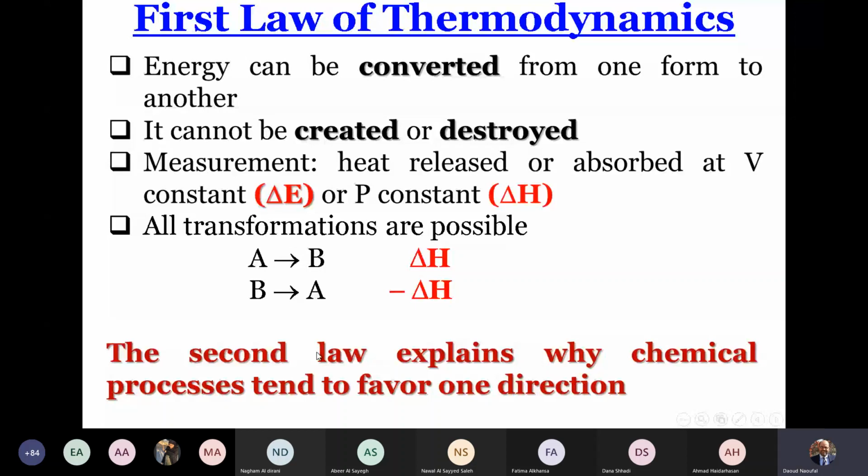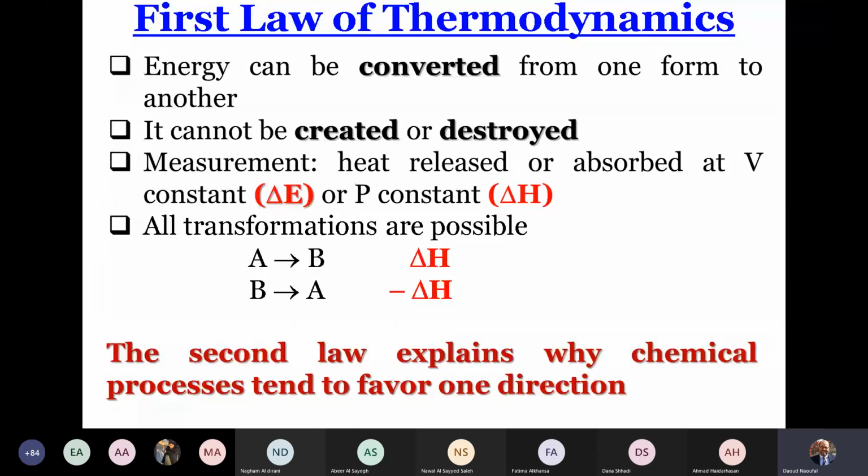In the first law, all transformations are possible. We pass to the second law to know which of the following processes are possible or impossible. In the second law, we explain why chemical processes tend to favor one direction.